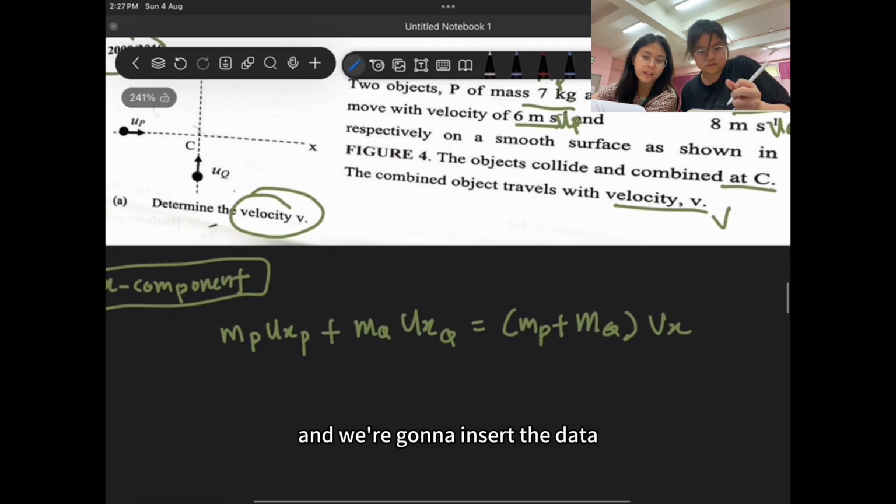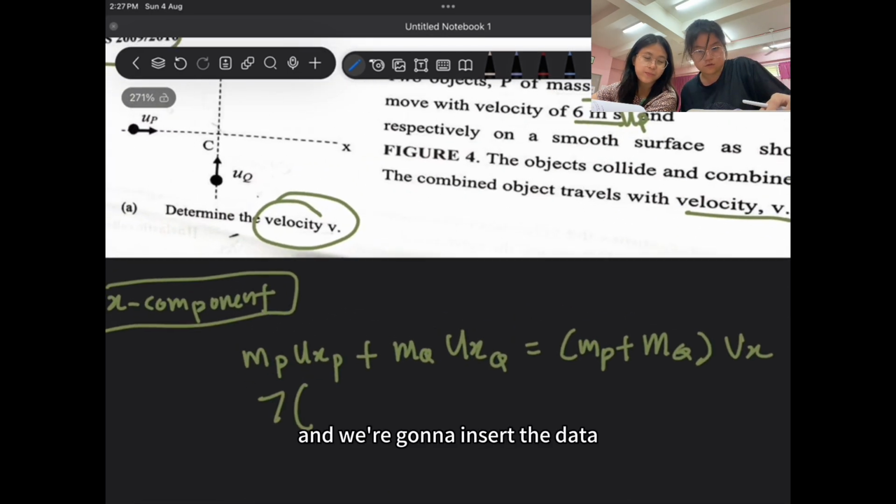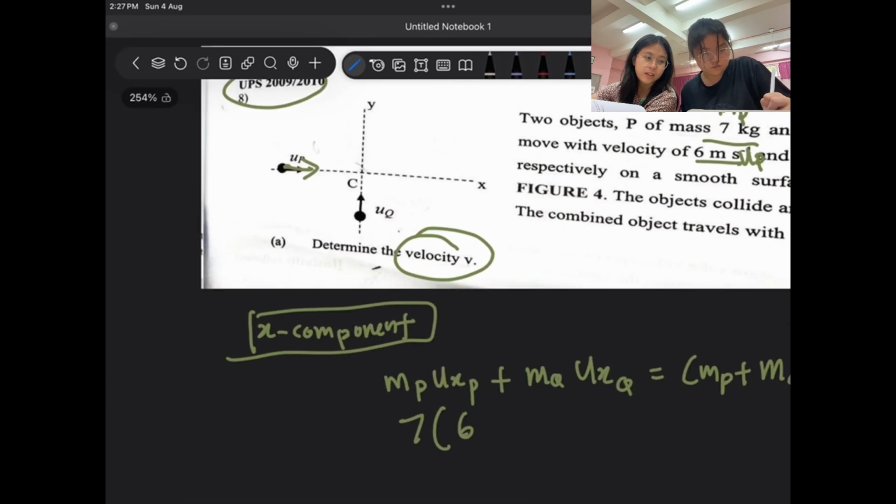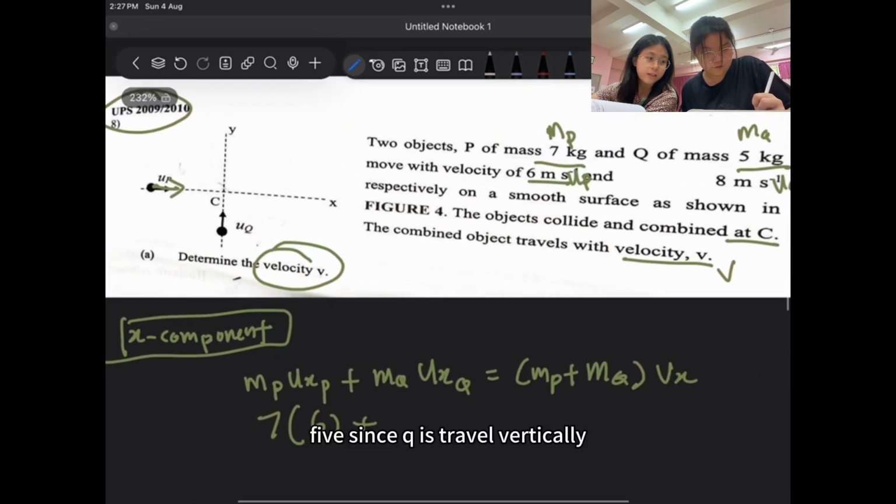We're going to insert the data: uPx is 6, plus mQ, 5.